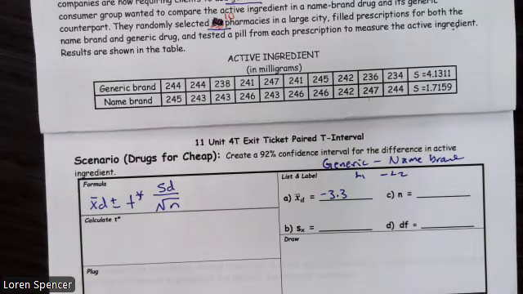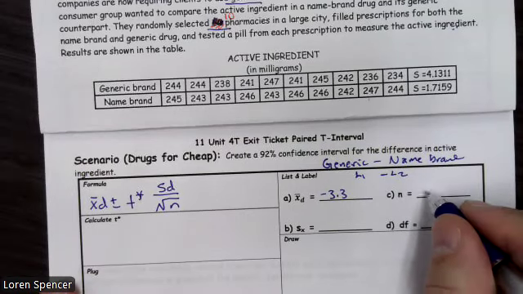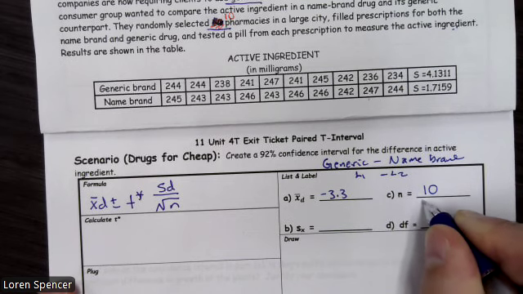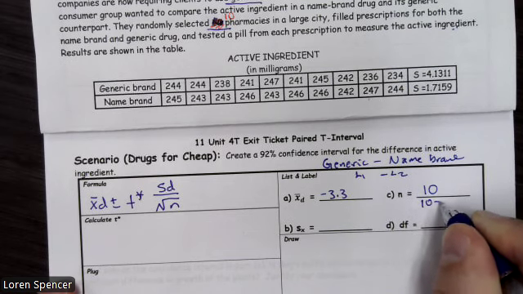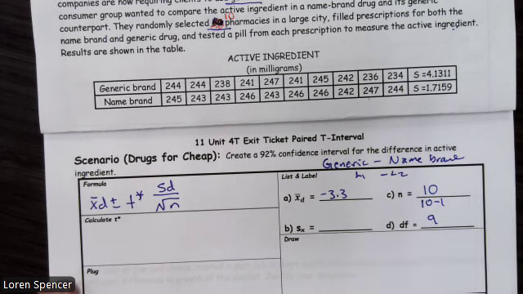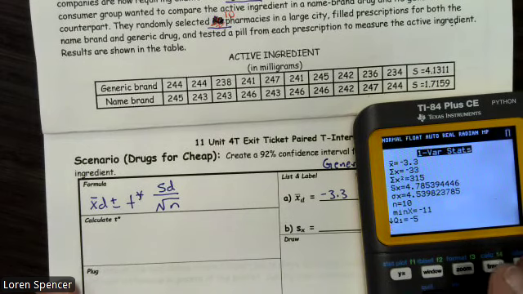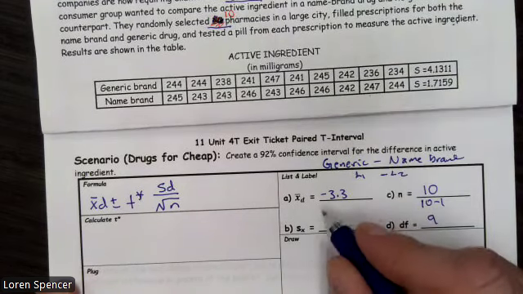That's what I did. We have a sample size of 10, or we have 10 pairs, and degrees of freedom are going to be 10 minus 1, which is equal to 9. And we can look and see the standard deviation of the sample is 4.7853.